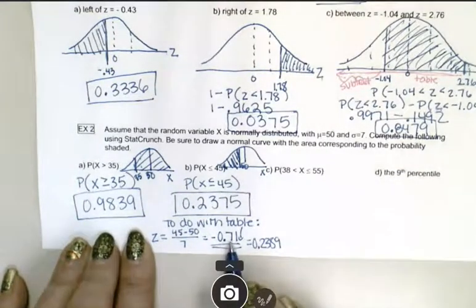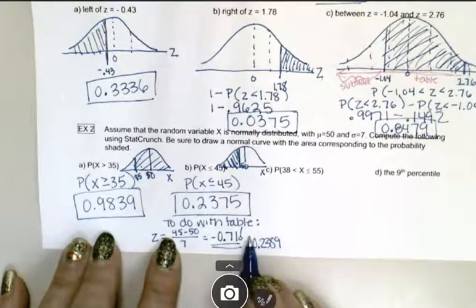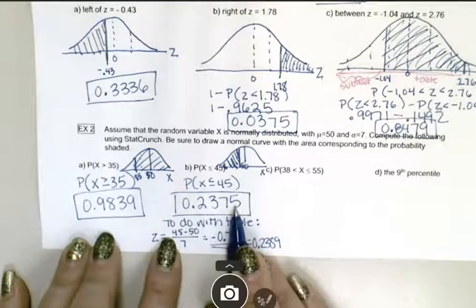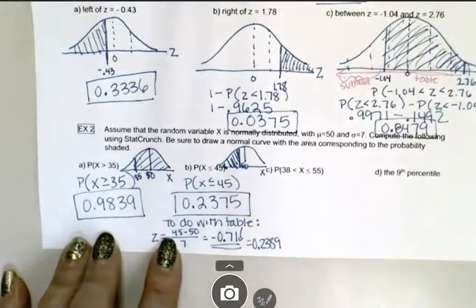It's because of this right here. I had to round that z-score to 2 decimal places, but the z-score actually had a lot more, so it causes it to be off by a little bit. The StatCrunch answer is the more accurate answer because it can do all those calculations. It's not limited by just 2 decimal places.